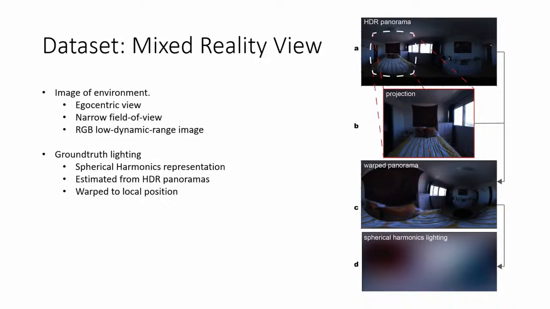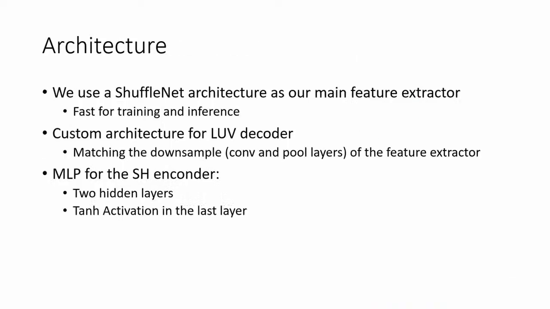We first produce the image of the environment using a cropped projection of the panorama, as you see in B. This image is then converted to a low dynamic range image, and we continue the process in C, where we take the original HDR panorama and produce a warped panorama that represents the lighting in this position. So we take our spherical harmonics functions and project these functions in the warped panorama to produce the spherical harmonics lighting.